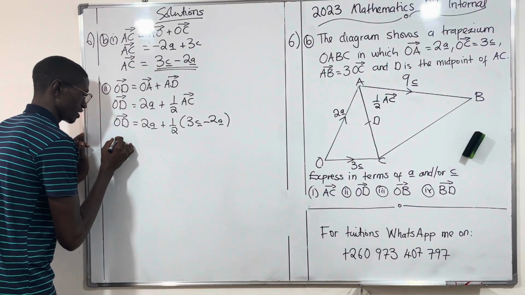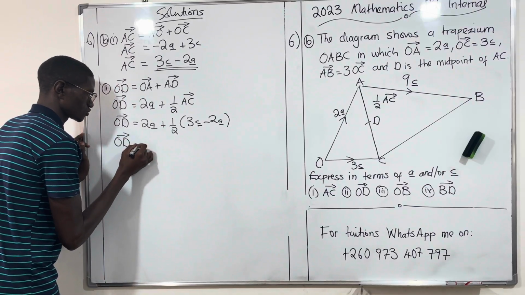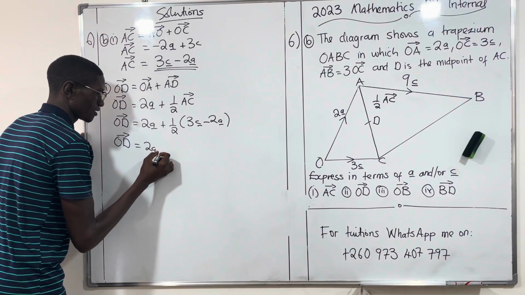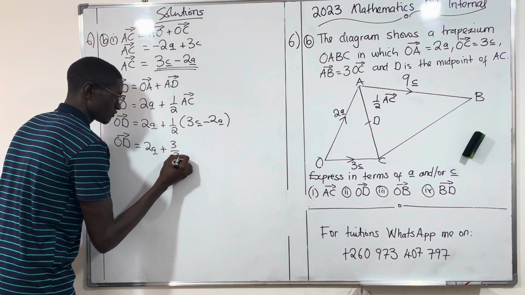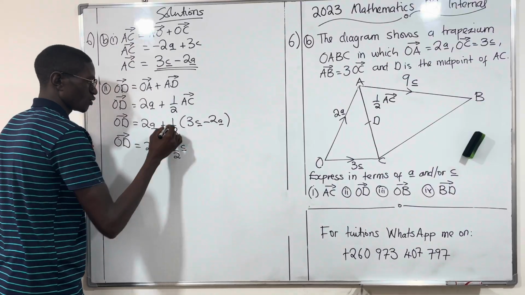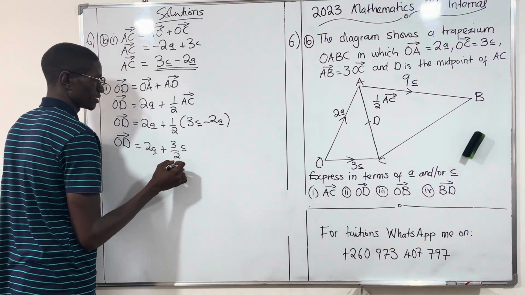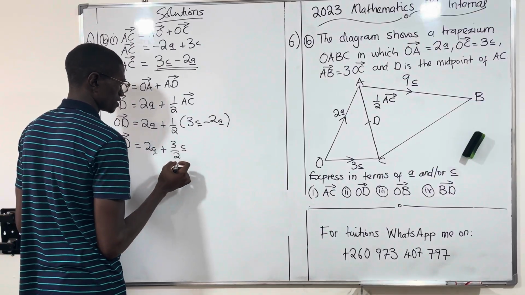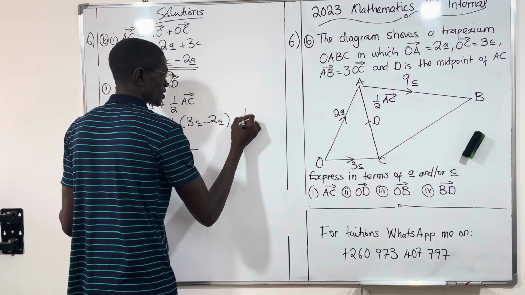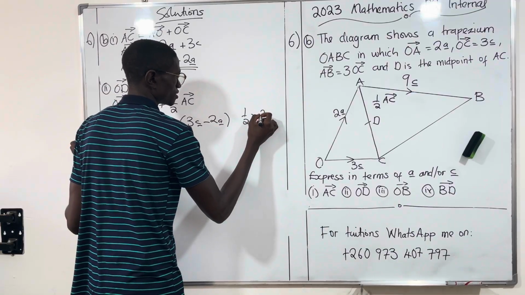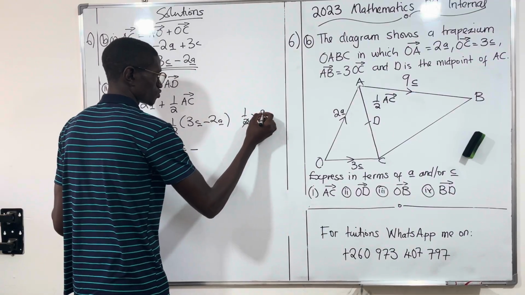And then we can simplify. OD is going to be equal to 2A plus, so this times this is going to give us 3 over 2 vector C. 1 times 3C is that there, over the denominator. And then positive times negative is negative. So now this one is the same as 1 over 2 times 2 vector A. So these 2's can cancel.